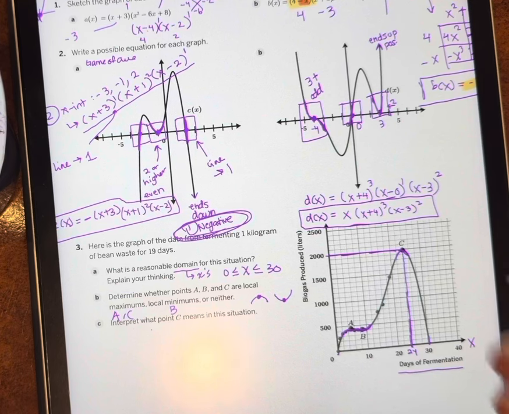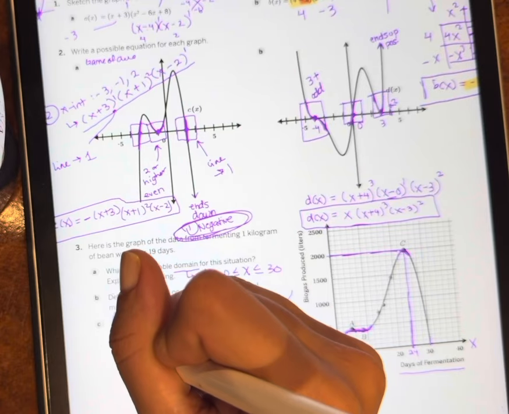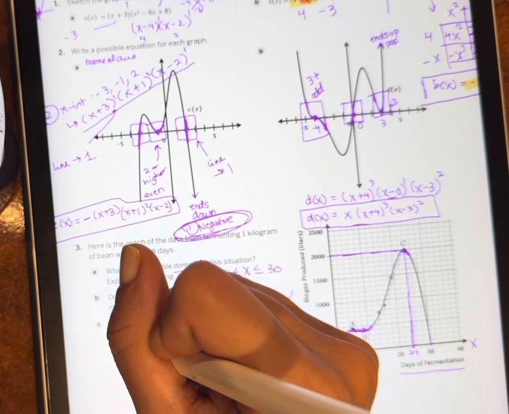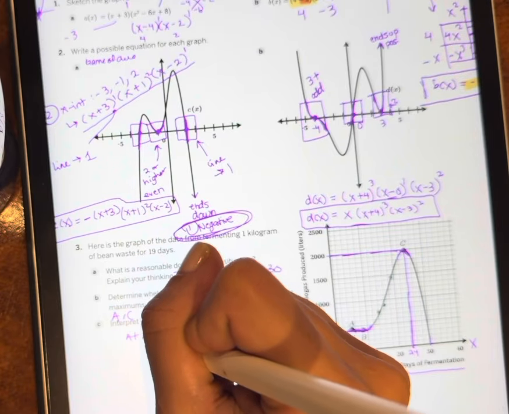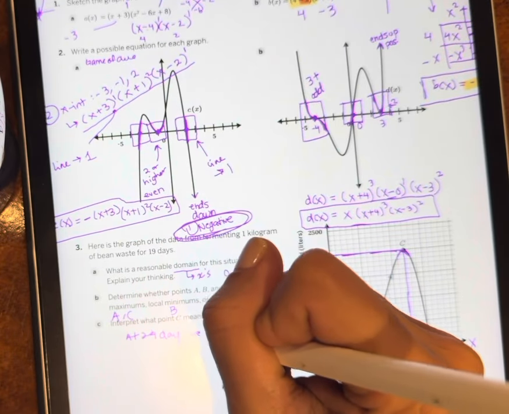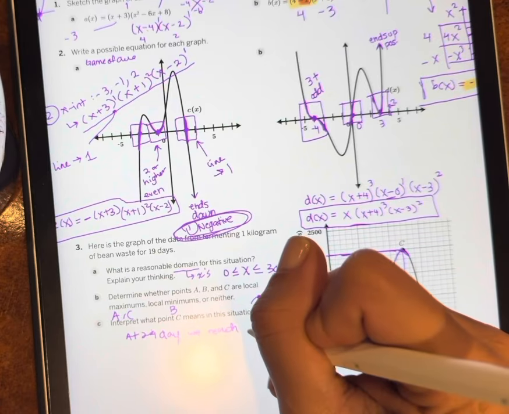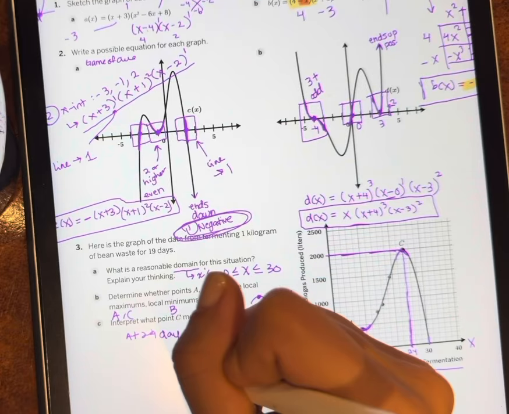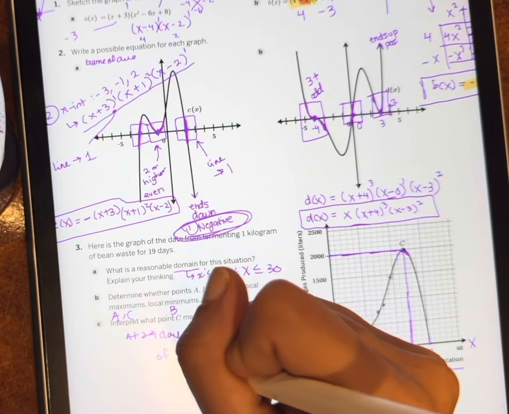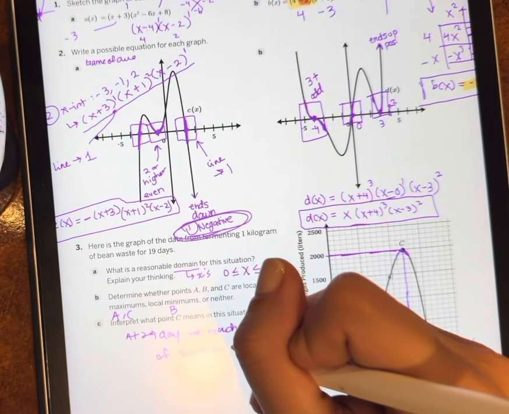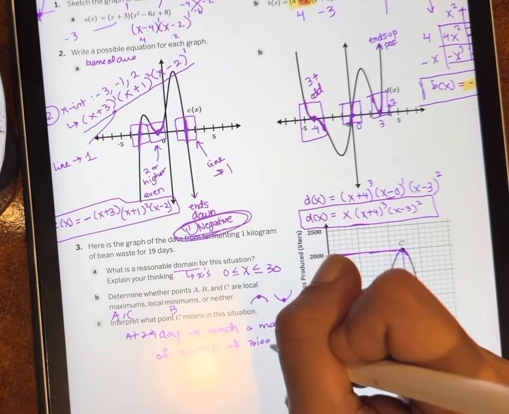That's what that means. Okay, point C means at 24 days, we reach a max of 2,000 liters of biogas.